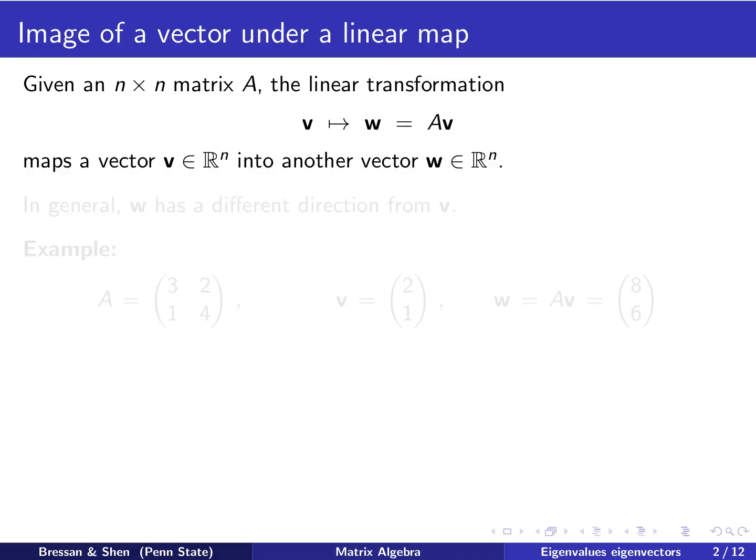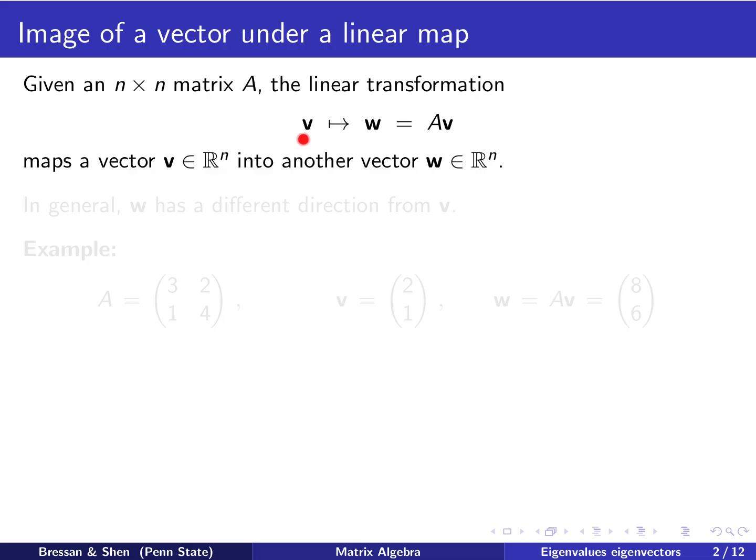Now let's begin by considering a linear transformation in the form of a matrix product. Given an n by n matrix, let's call it A, we have a linear transformation from V to W, where W is A times V. Let's consider the case where A is a square matrix of dimension n by n.